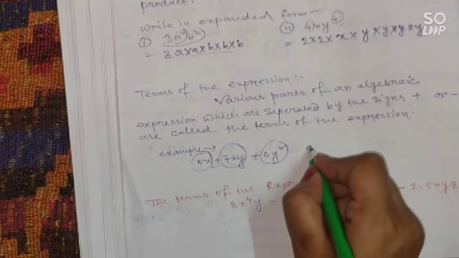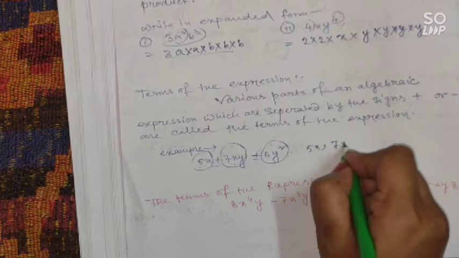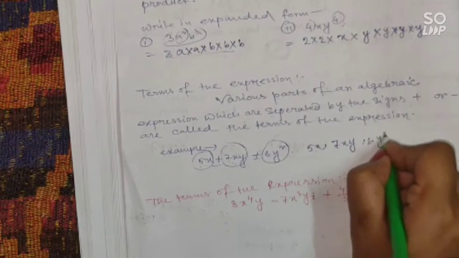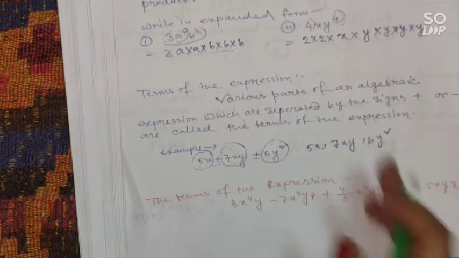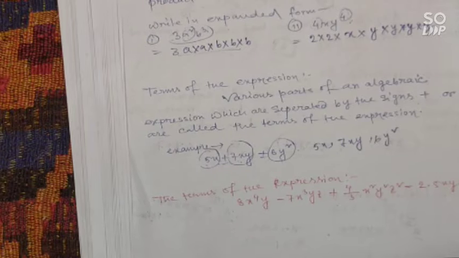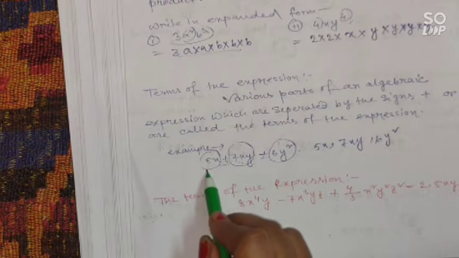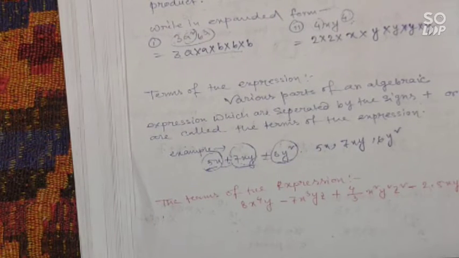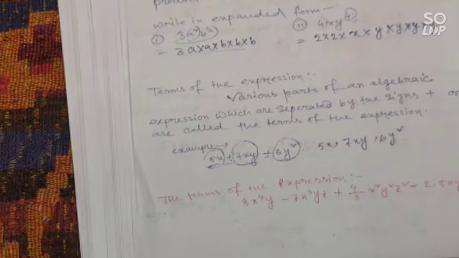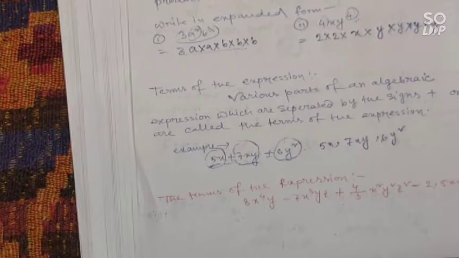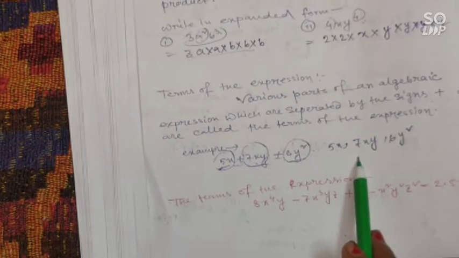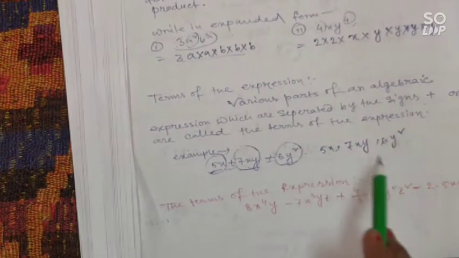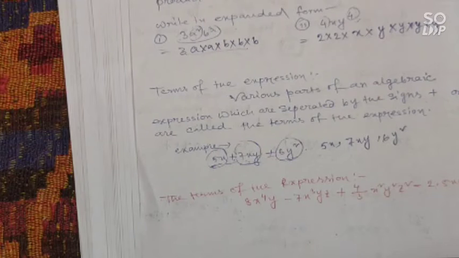So the terms are 5x, 7xy, 6y square, because these parts are separated by plus.